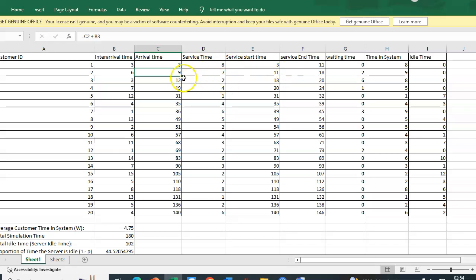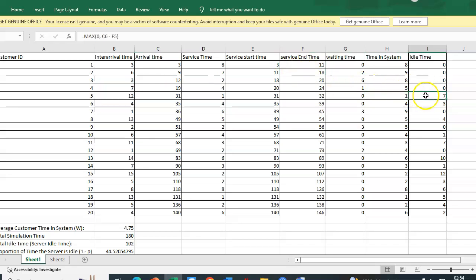So if the arrival time for this customer is not greater than the service end time for the previous customer, which is 11, then the idle time will be 0. Then for the next one, is the arrival time bigger than the service end time? No, it's not bigger, so it's 0.